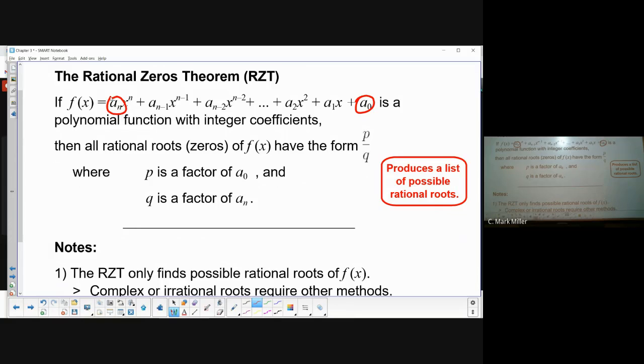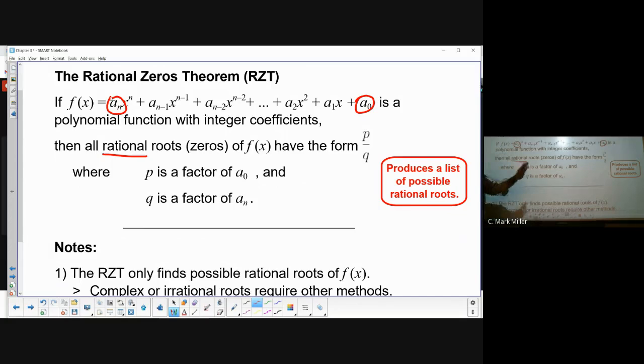This says that all rational roots, just rational roots, I'll get to that in a minute, of that polynomial function, are going to have the form p divided by q, where p is a factor of the constant term and q is a factor of the leading coefficient. So you're going to have p over q. Sometimes the bottom will be 1. So you're going to have like 3 over 1, which is just 3, right?